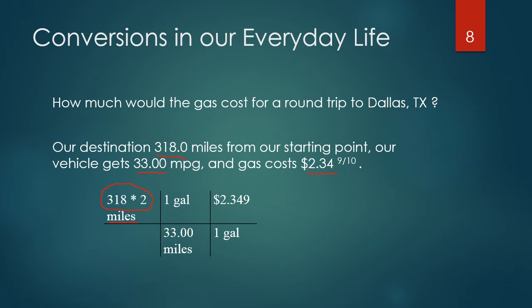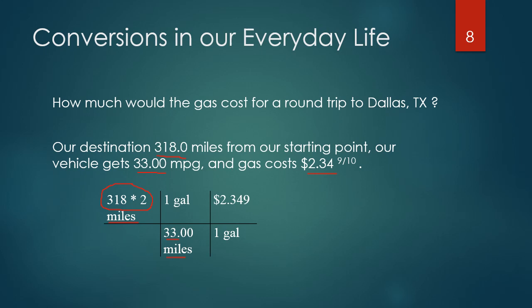So the car in this case gets 33 miles per gallon. So miles per gallon, that's a conversion factor in itself. It's saying that I have 33 miles per 1 gallon. So I'm going to put the 33 portion on the bottom because that 33 is representing the miles.